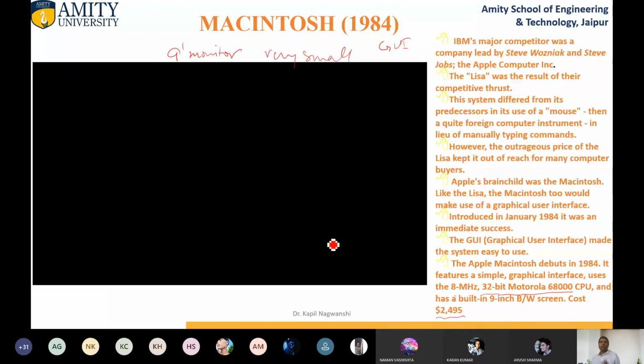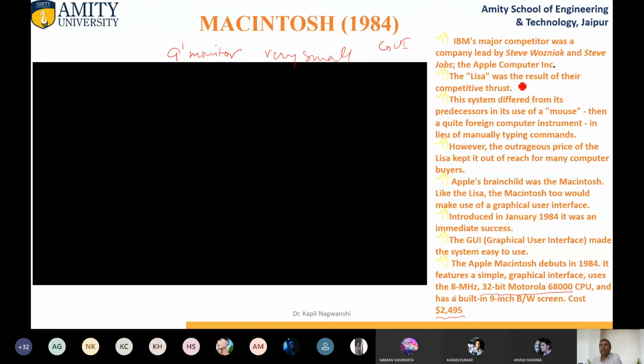Now come to the Macintosh. Who was the inventor of this Macintosh? Steve Jobs and Steve Wozniak. IBM's major competitor was a company led by Steve Wozniak and Steve Jobs, Apple Computer.